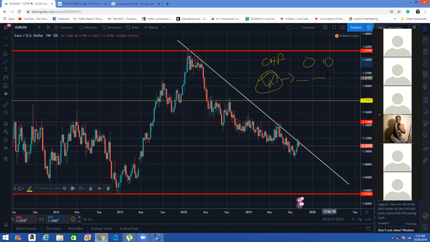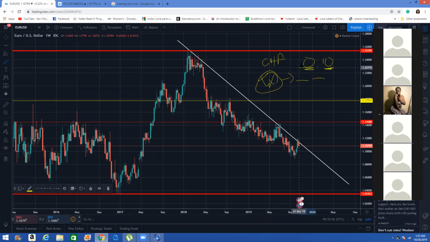What about this one? What column is that lot size? Micro. And then this one, standard. Exactly. All right.